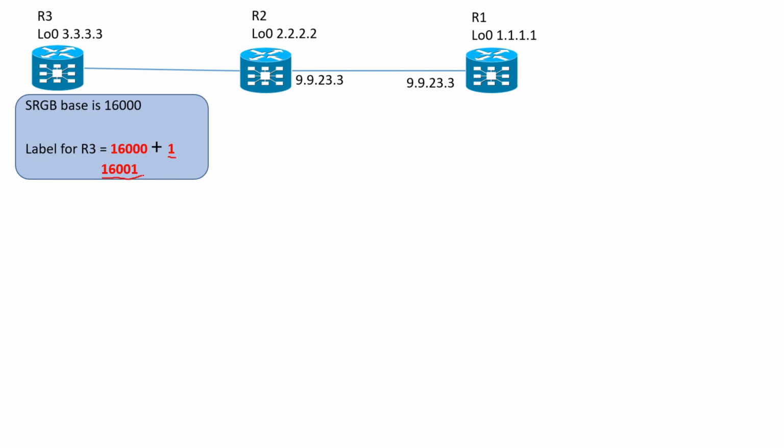The router figures out that label 16001 is for R1, and pushes the same label into the MPLS forwarding table. This is what we call a prefix-sid.